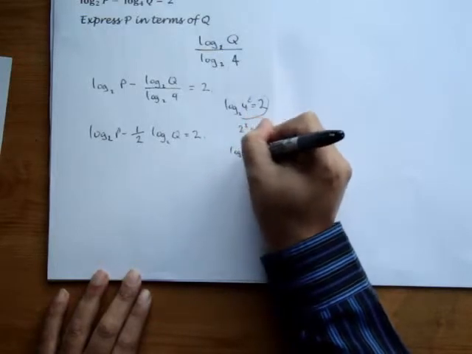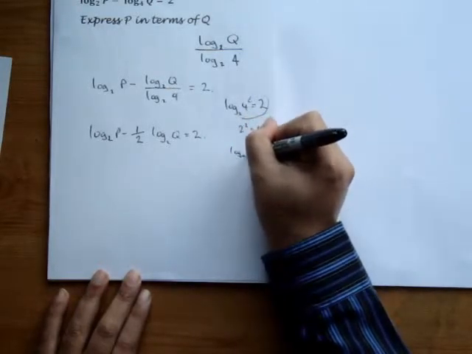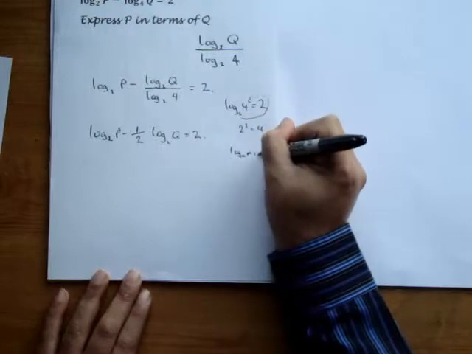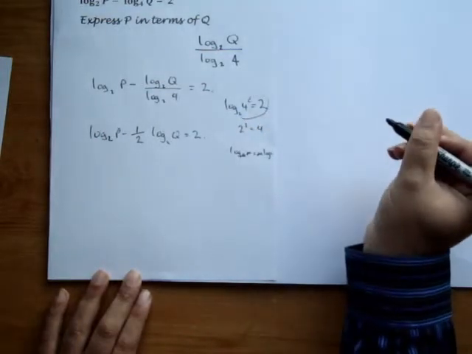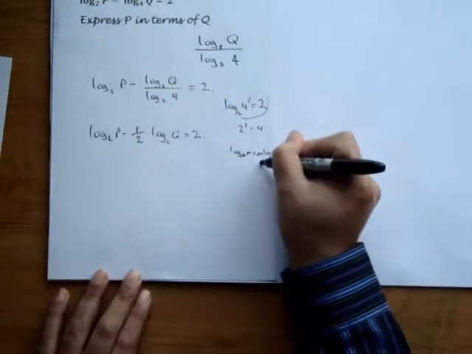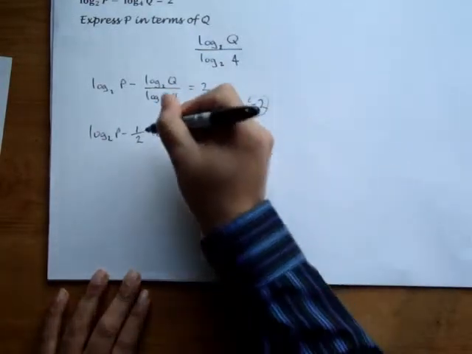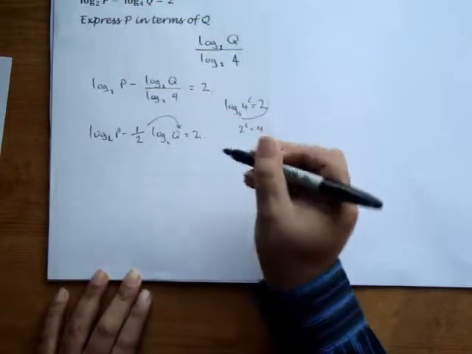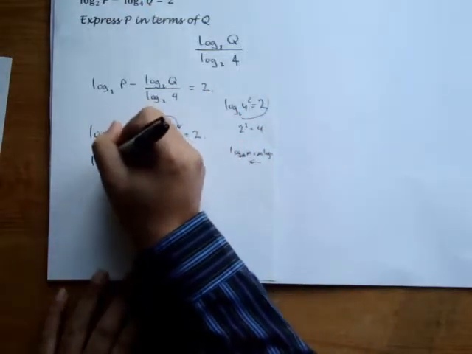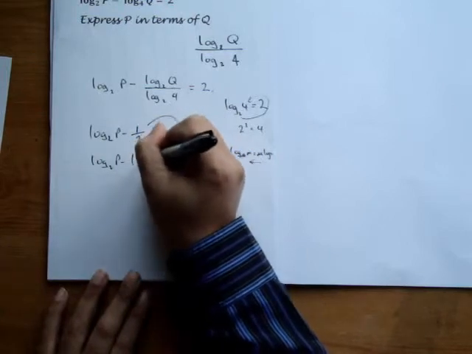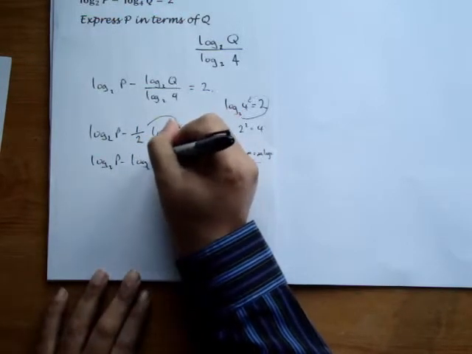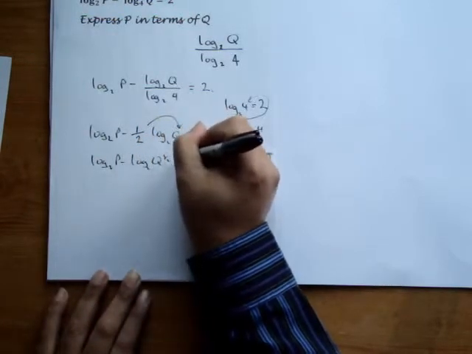Now what we need to do is, we've got a half here, we can use our log law, log a to the m equals m log a. Now use the reverse of that, so we bring this half up here, so this becomes log base 2 of p minus log base 2 of q to the half equals 2.